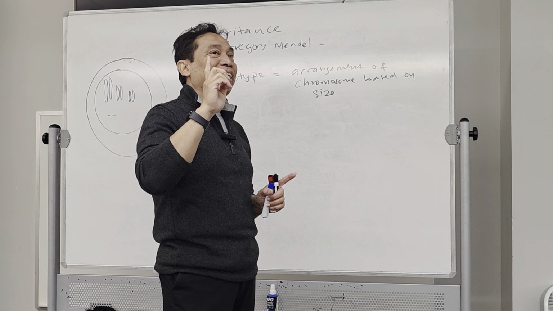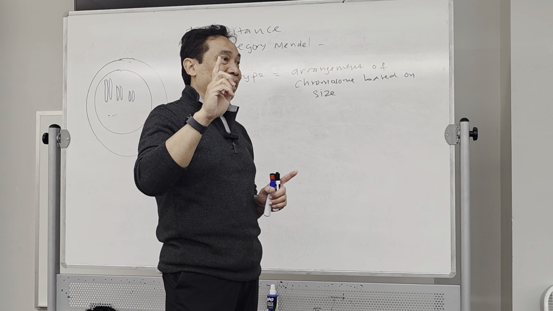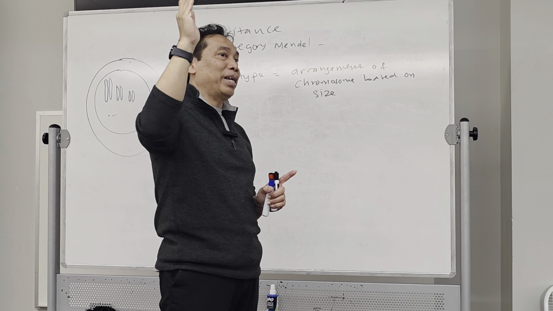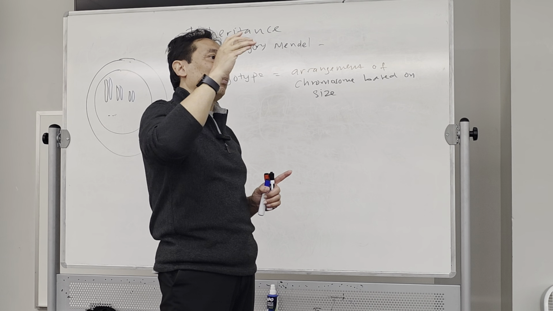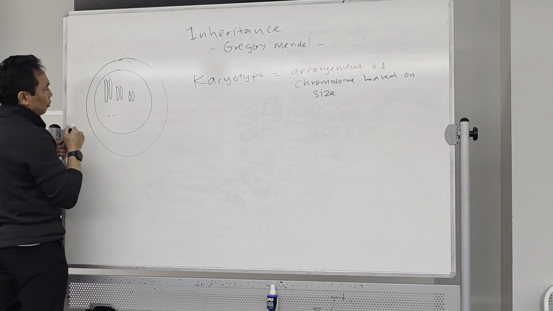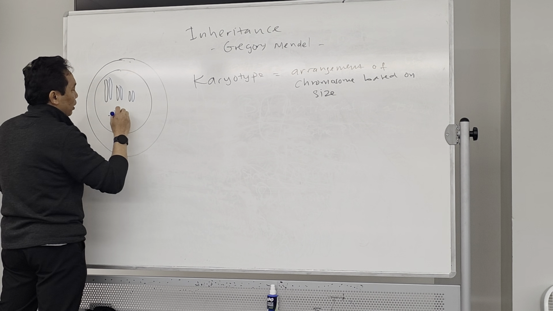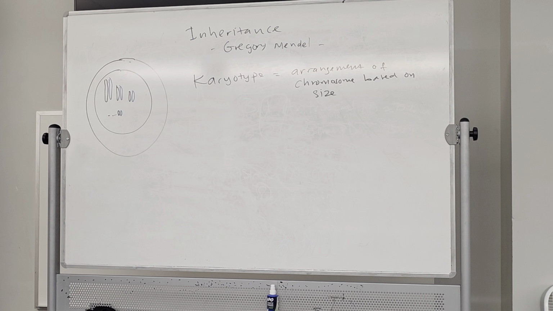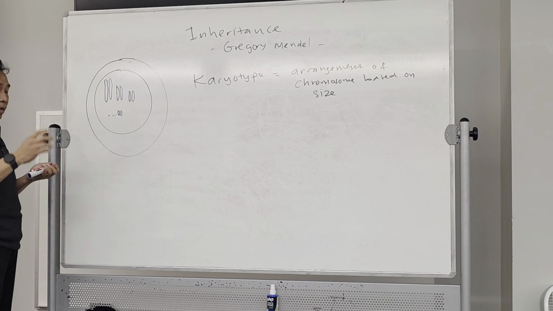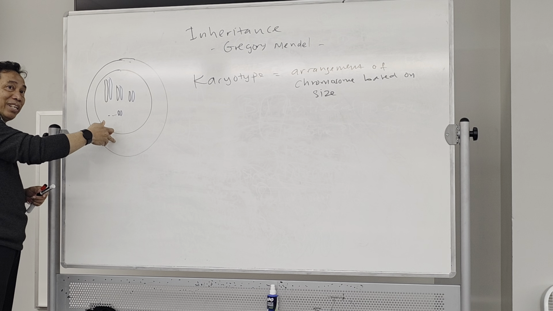Get it? Why? Because pair number 23 is actually the sex chromosome. They are a little bit longer than pair number 22, 21, even number 20. So let's say this is 22, which will be the shortest one, right? And then the last one, pair number 23, is what we call the sex chromosome, because this pair will tell us whether this person is male or female.